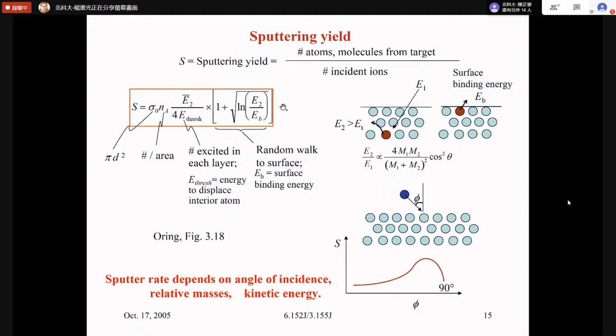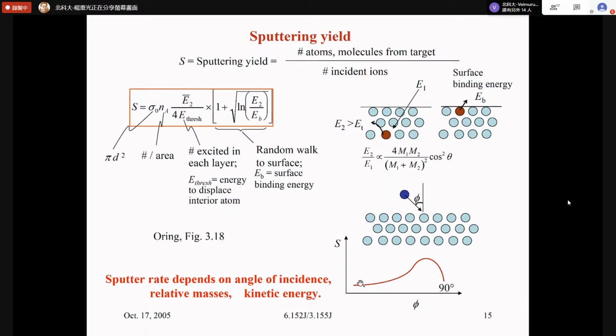So we got quite a good equation to express the sputtering rate. The sputtering rate depends on the angle of incidence as well, and on the masses and the kinetic energy. So this is the sputtering rate, and this is the angle of incidence.